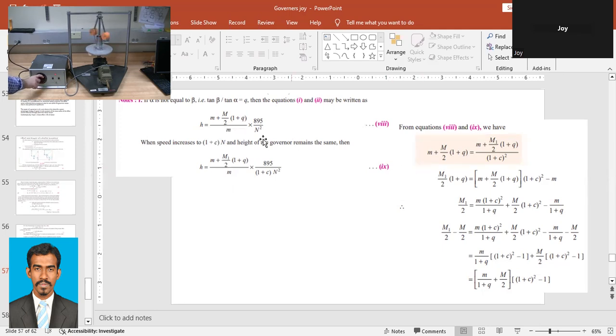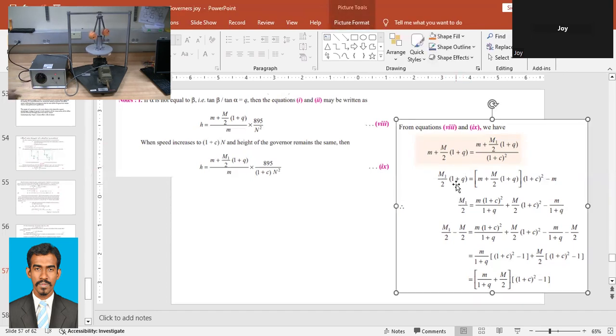So I'll have (m plus capital M) by 2 into (1 plus q) equal to (m plus capital M1) by 2 into (1 plus q) upon (1 plus c) whole square. When you equate these two, you will get this. Now we are going to just rearrange to bring it to some easy form.